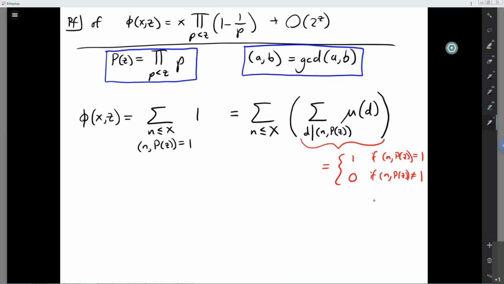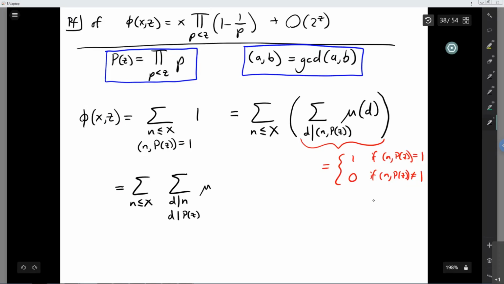All right, and so now, a pretty nice way to evaluate nested summations is to try to switch the order of the sums and see if that makes it any easier. So I am going to rewrite the inside sum a little bit. D dividing the greatest common divisor of n and this other number, capital P, is the same thing as D dividing both n and capital P. Okay, now let's switch the order of the sums.